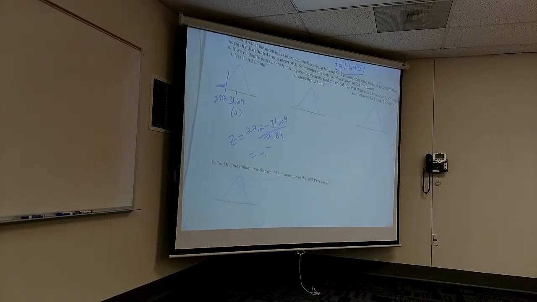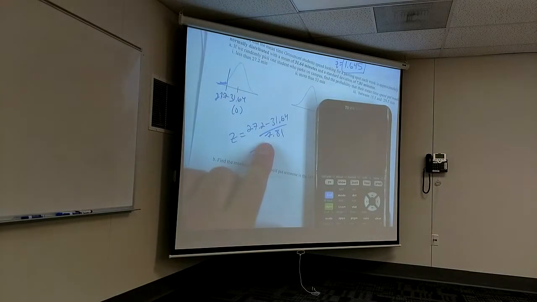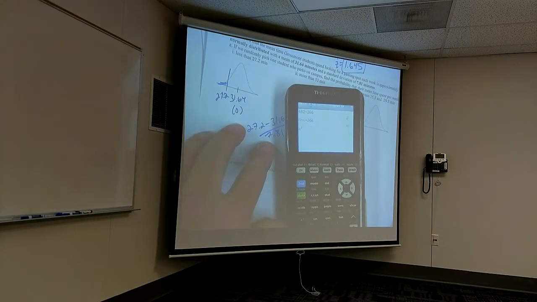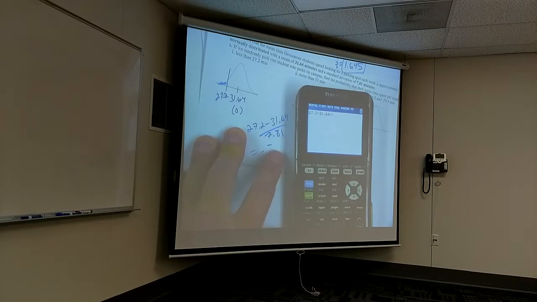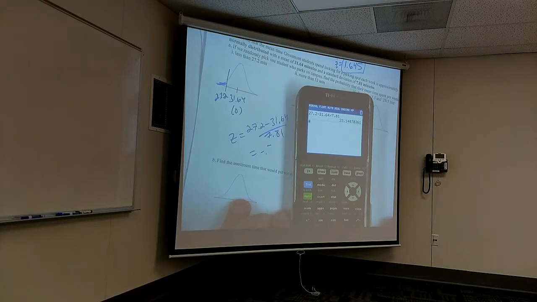Alright, let's do this. Let me do something wrong. You ready? 27.2 minus 31.64 divided by 7.81. What did I do wrong? Yeah, PEMDAS, thank God, right?